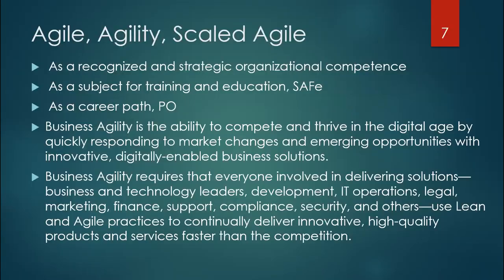Then these are basically the frameworks: Agile, Agility, Scaled Agile. A mature organization, or a company which has been in existence for, let's say, around 2 or 3 years, or which is just getting started, we call them startups. They need to build some policies and procedures.